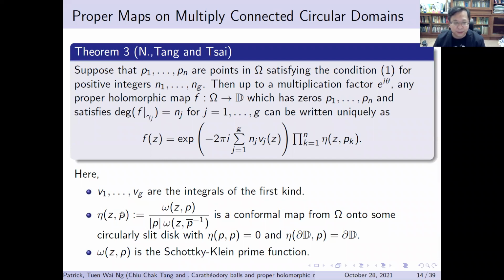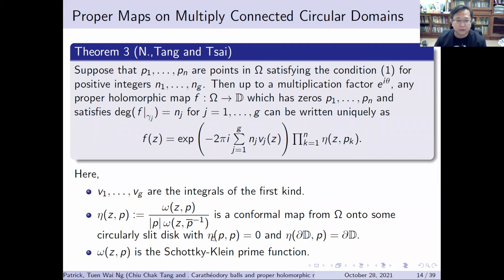So fix p, and then this notation here would be a conformal map from omega to a circularly slit domain, and it will map p to 0. In addition, it will also map the standard unit circle to the unit circle.